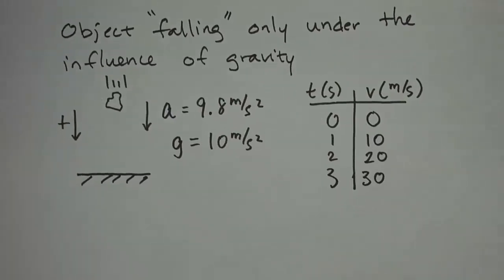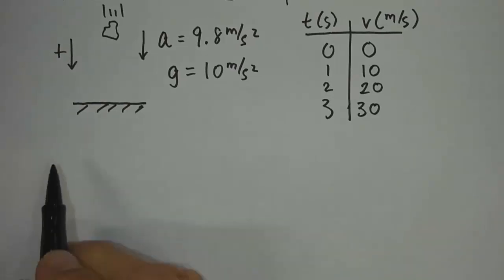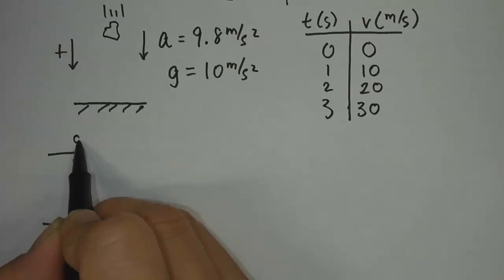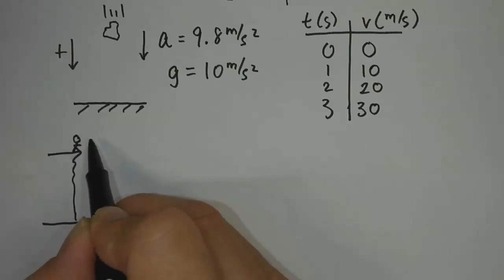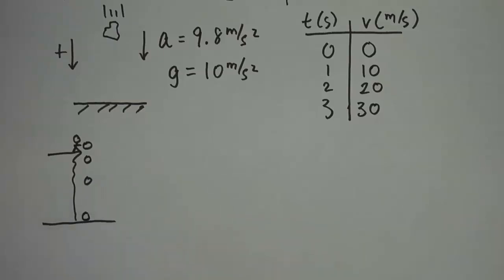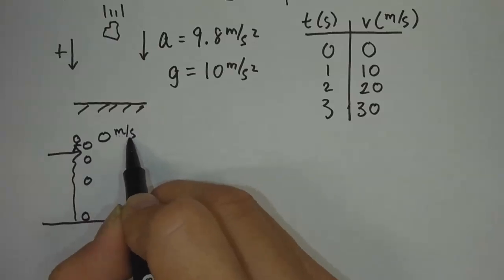Now, we're going to draw a little picture of this. You can imagine someone on a really high cliff dropping an object. As it falls, it's going to fall faster and faster and faster. Initially it has an initial velocity of 0 meters per second.